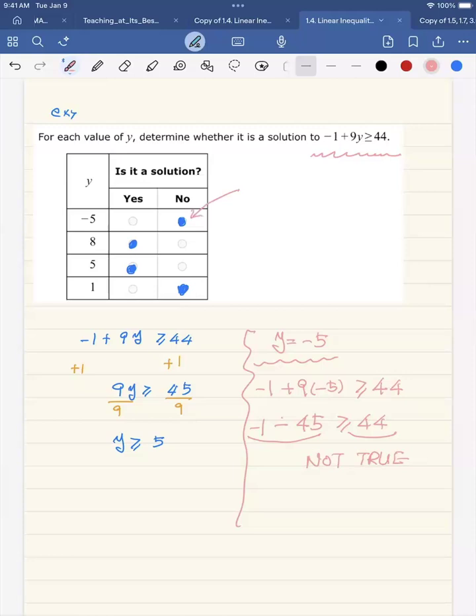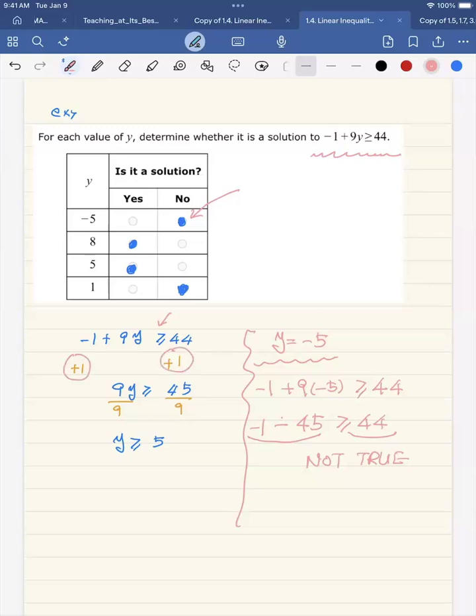A simpler way to solve this problem in this particular case is to solve for y. When we solve the inequality, we can add the same number on both sides without changing the direction of the inequality. So to remove -1 from the left side, I added 1 on both sides.